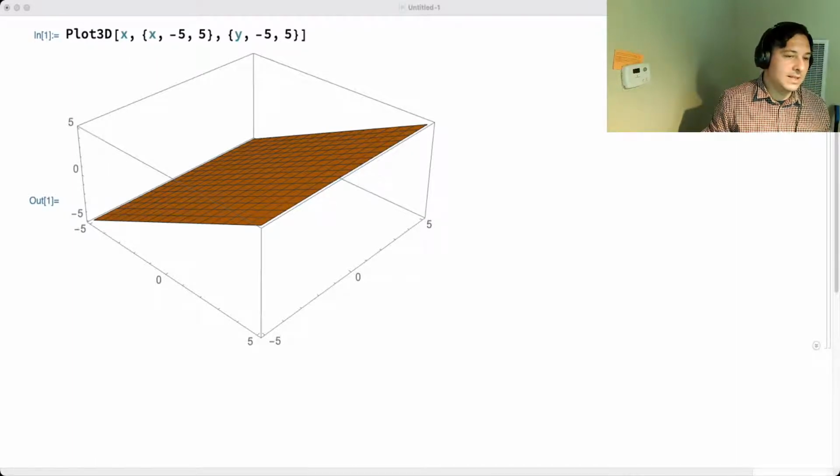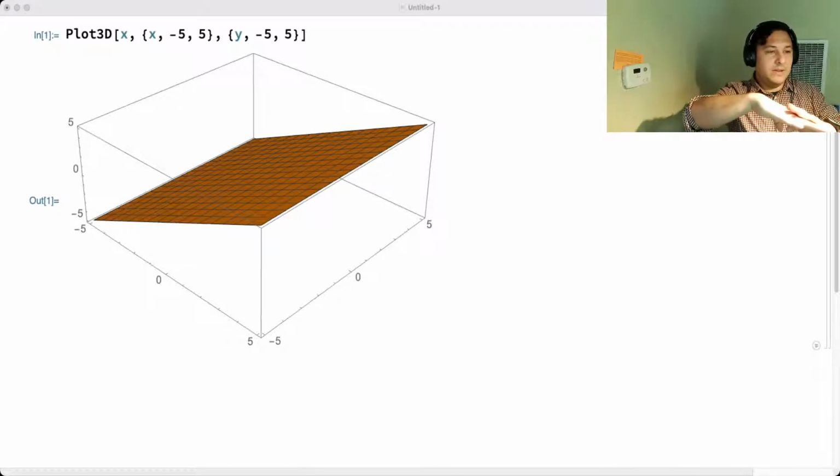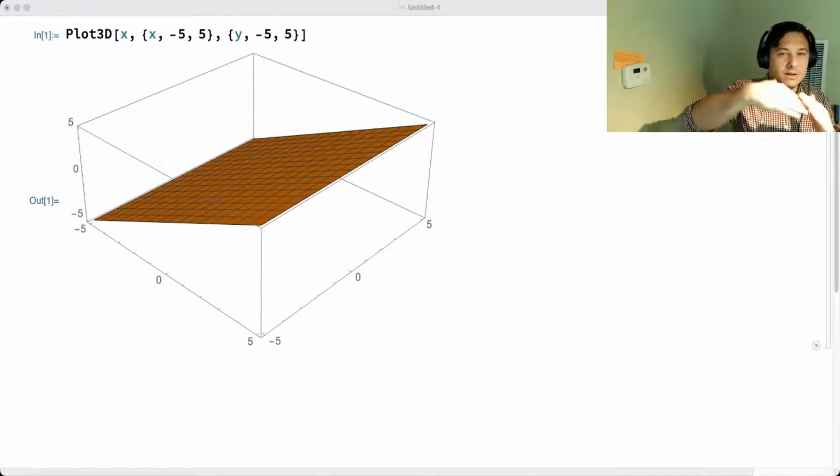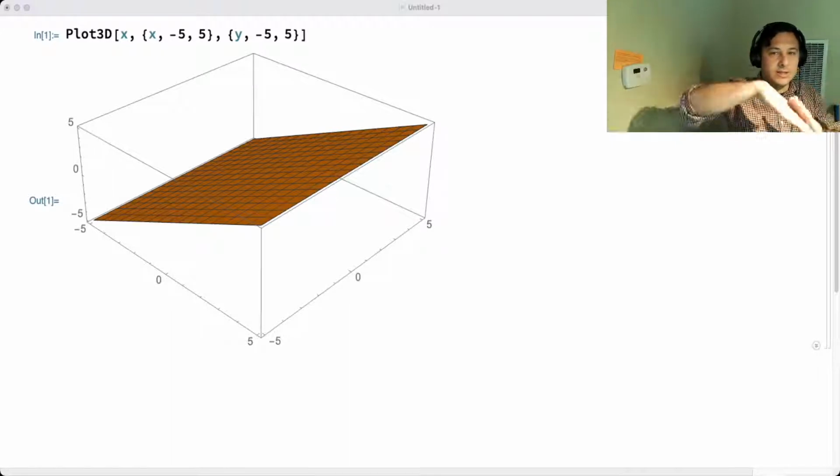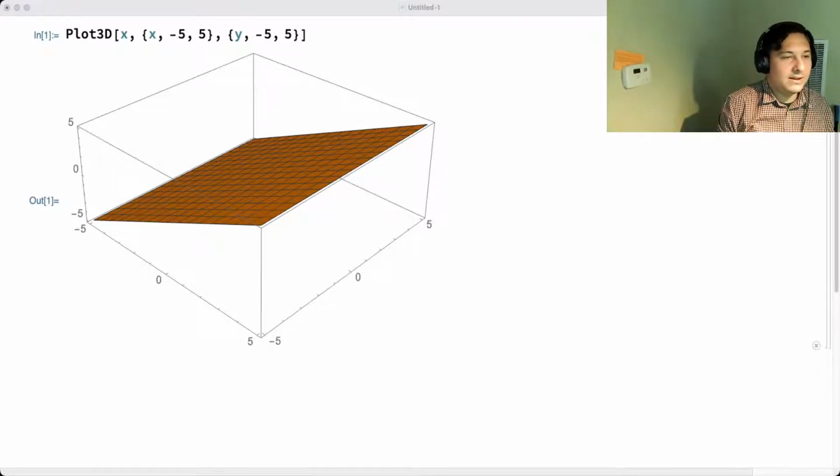So that means that this is the y-axis. And you can see that if you choose a particular x value, the lines that go like this are all flat.